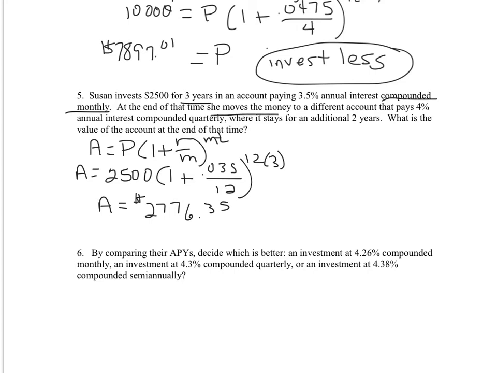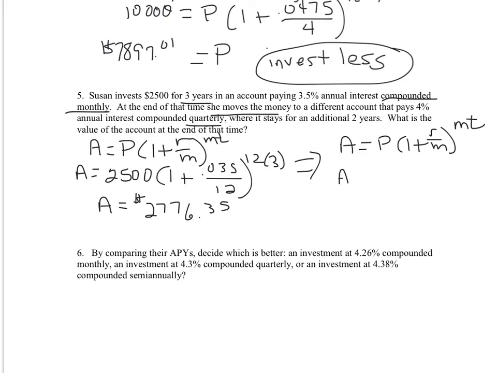Now, we're not done, because at the end of this 3 years, it says she moves the money to a different account that's paying 4% annual interest compounded quarterly, and it's going to stay there for 2 more years. Let's see if we can get the final value of the account. So this money is going to transfer into a different account. Same formula, and I know that because it's compounded quarterly, and that's a countable number of times in a year.